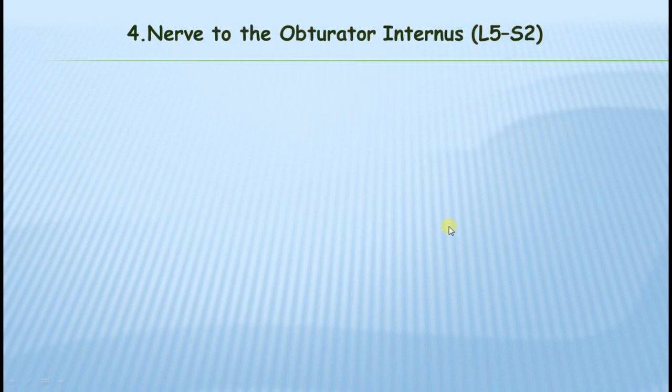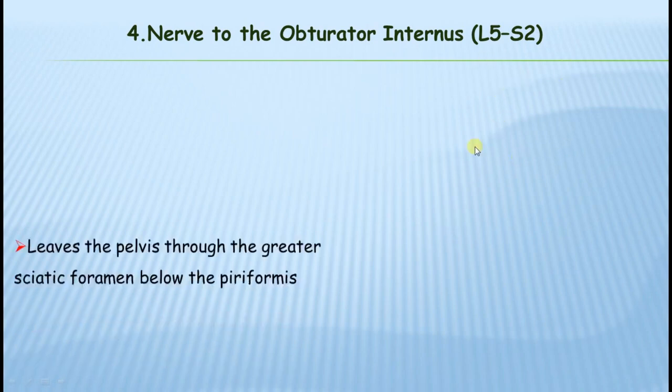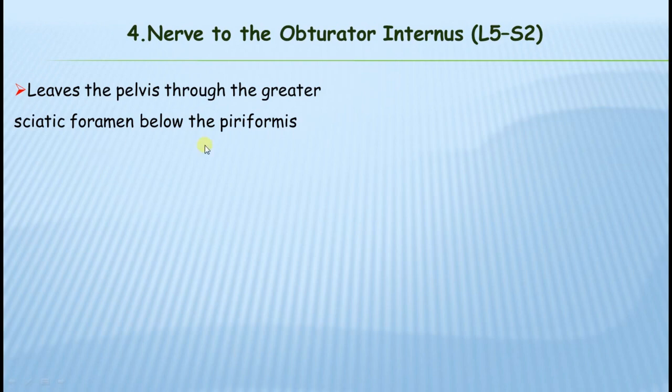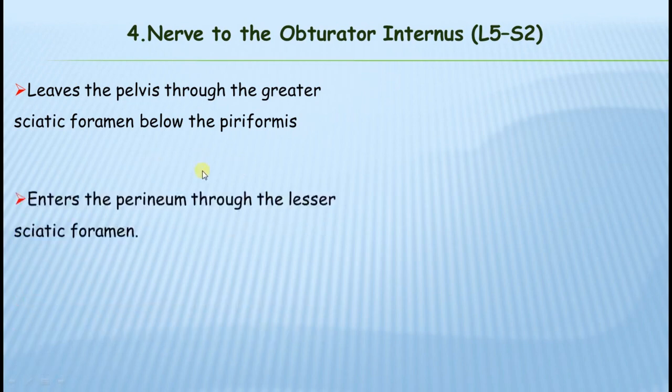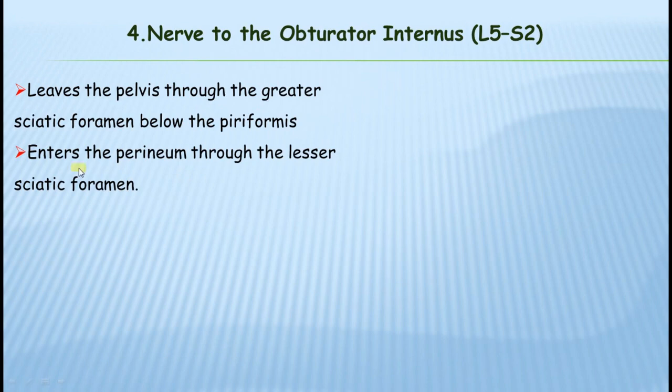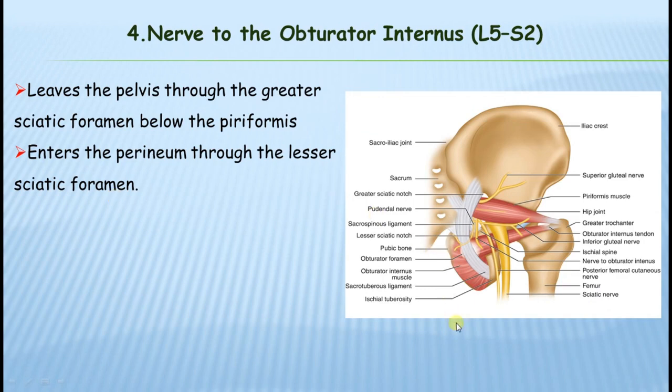Next is the nerve to obturator internus. L5, S1 and S2 is the root value. It leaves through the greater sciatic foramen and appears on the dorsal surface of the ischial spine, that is, to the lesser sciatic foramen, and gives twigs to the superior gemellus.